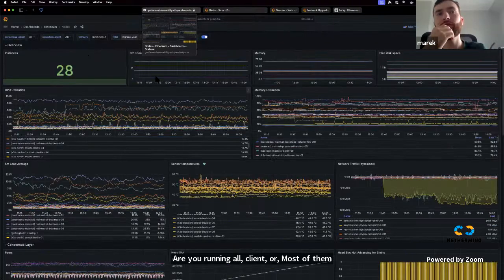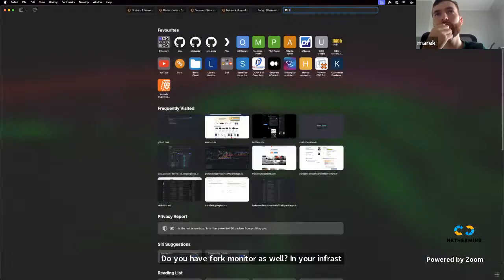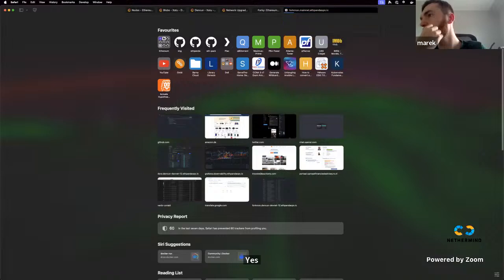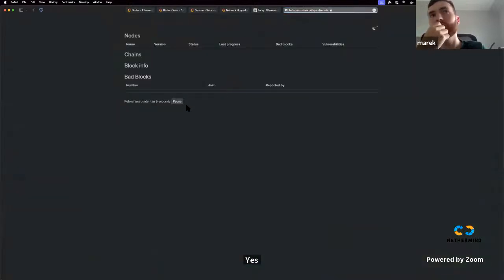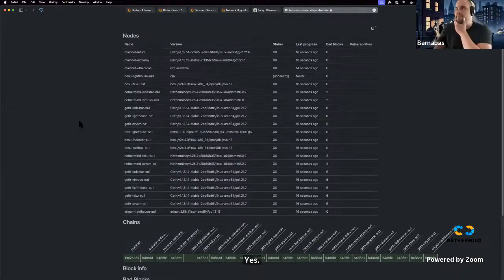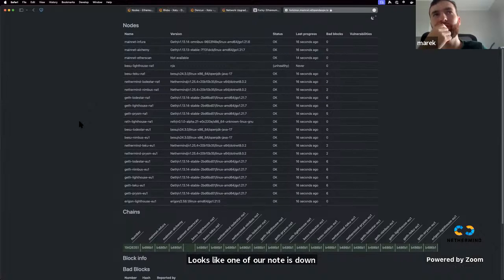Do you have fork monitor as well in your infrastructure? Looks like one of our nodes is down. Yeah, so this is an important page.